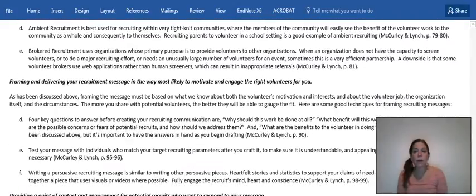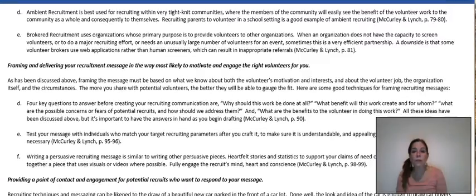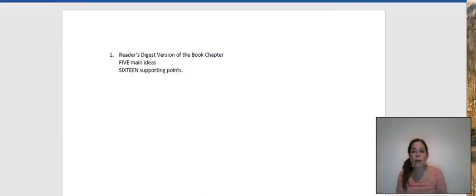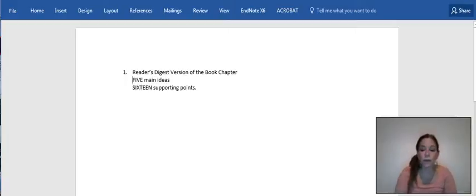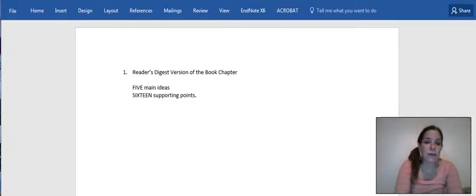Now let me talk for a minute about what's going to happen later when you get your organization. All right, so this piece of paper, this is section 1. This will be section 1 of your report. So basically what you're going to have is, for each chapter, a Reader's Digest version.